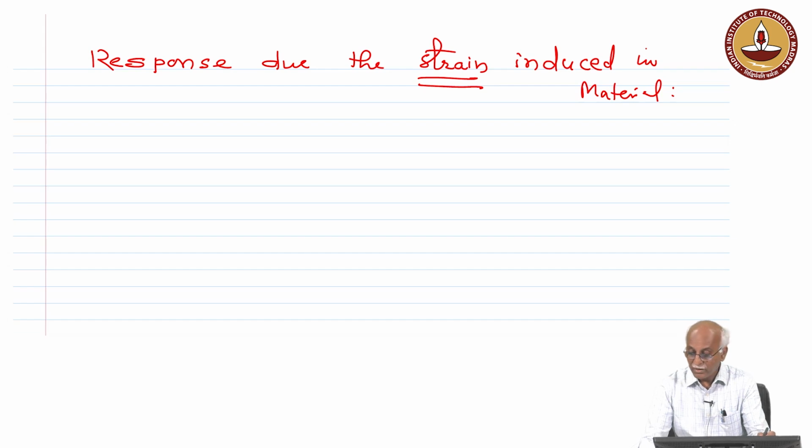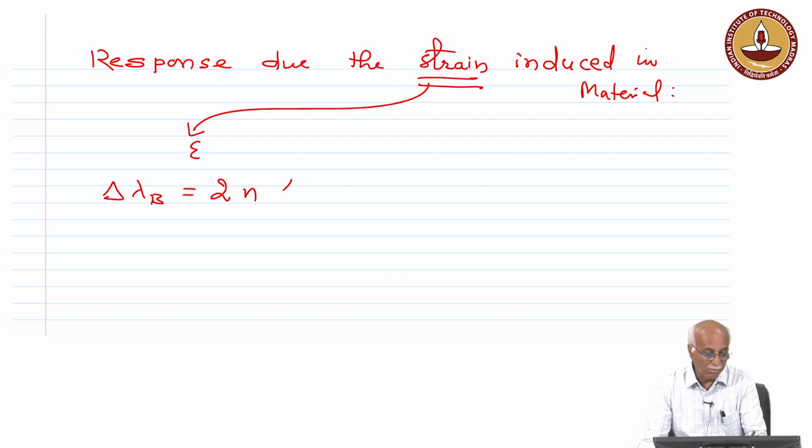If we consider only the strain component, let us say the strain induced in the material is epsilon, then the change in the Bragg wavelength is lambda B into epsilon.